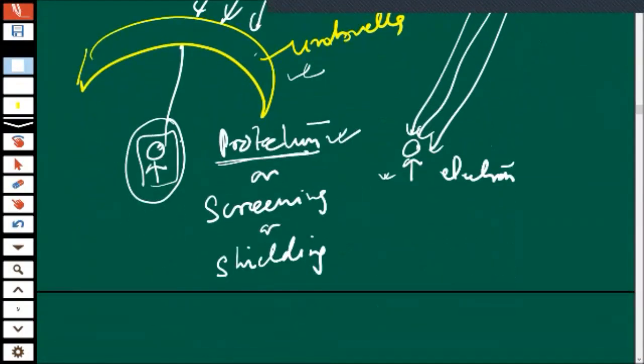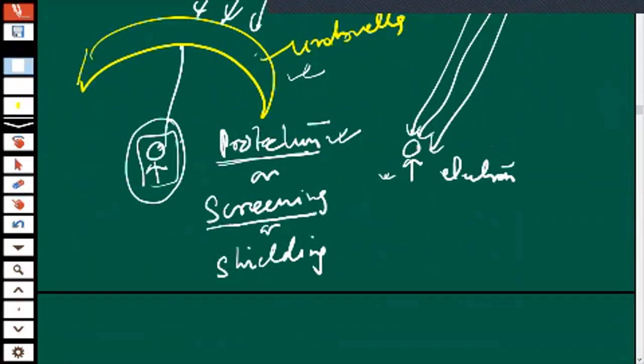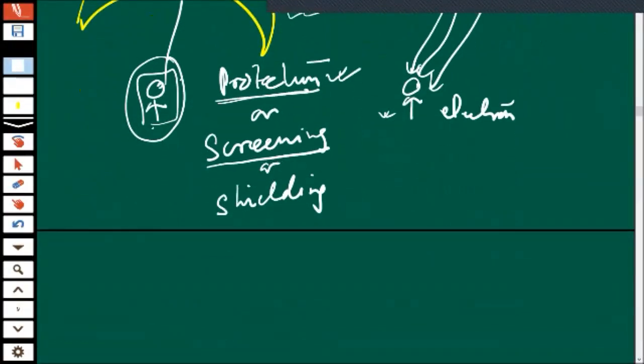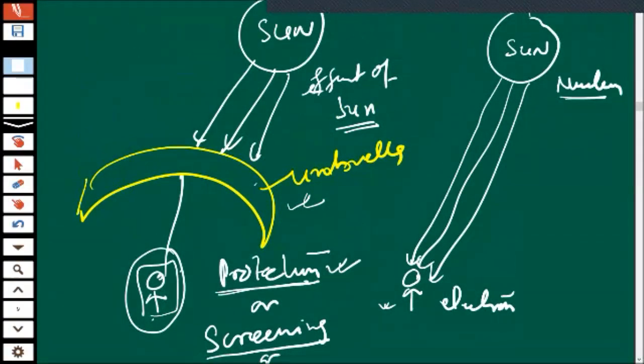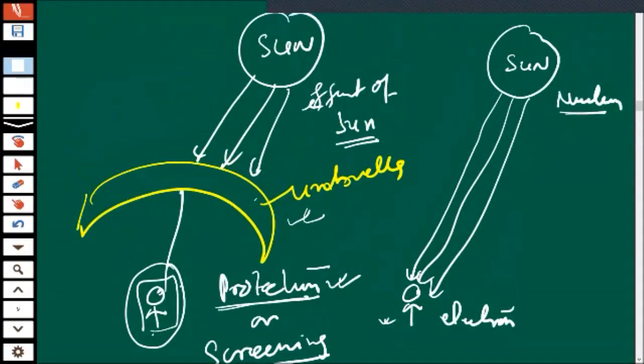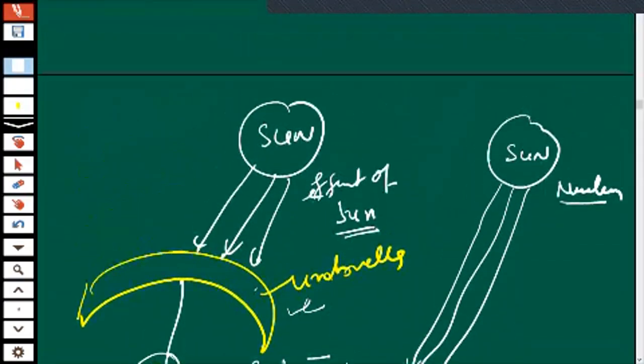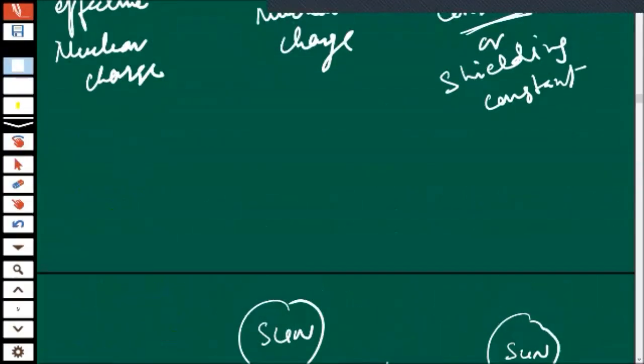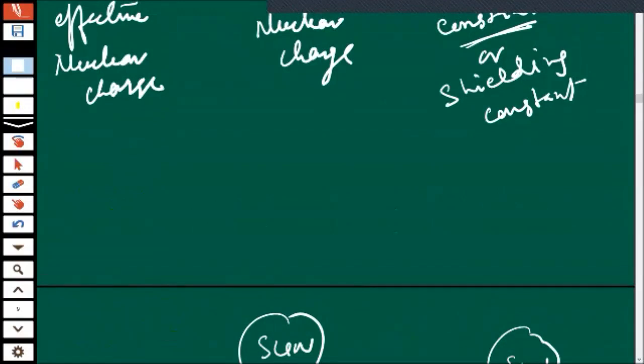Or we can say the umbrella is screening this person, or shielding this person, from the effect of the sun. Okay, children, this type of thing is now going to happen in our atoms. So we'll try to understand what is going on.